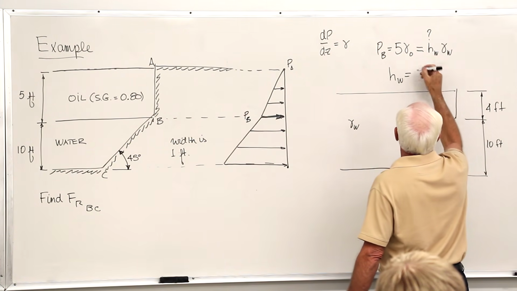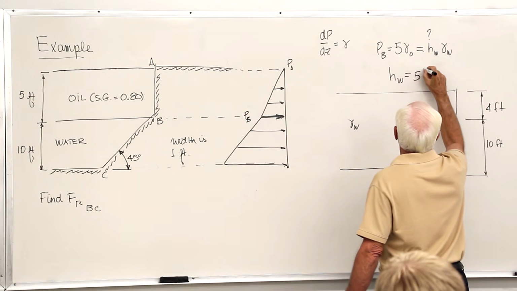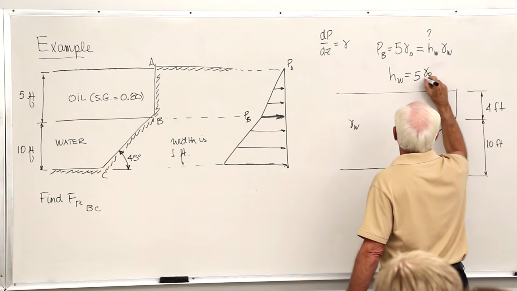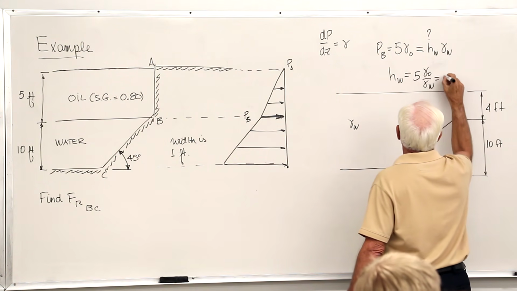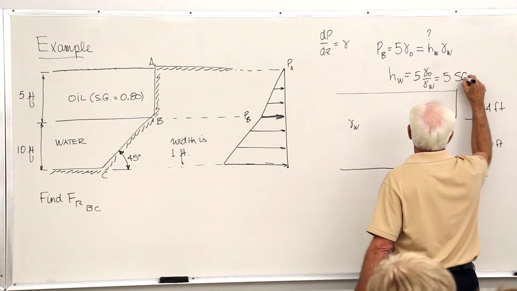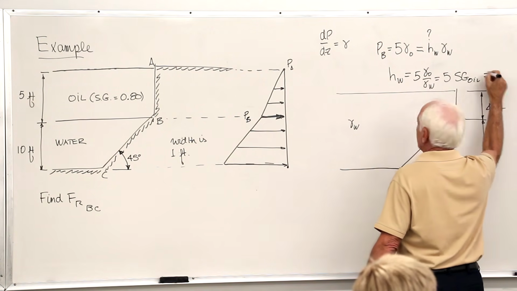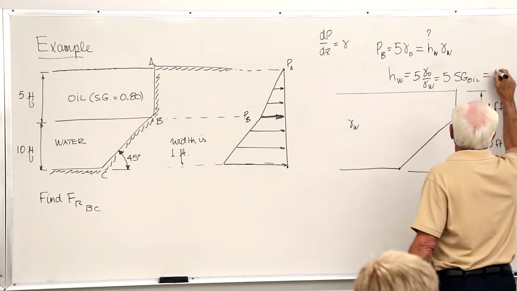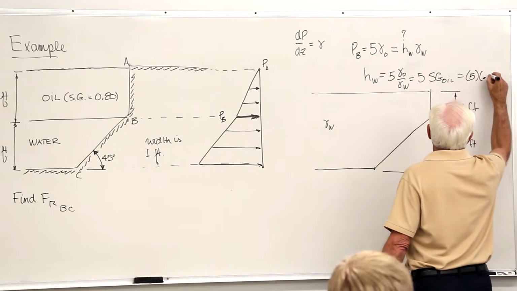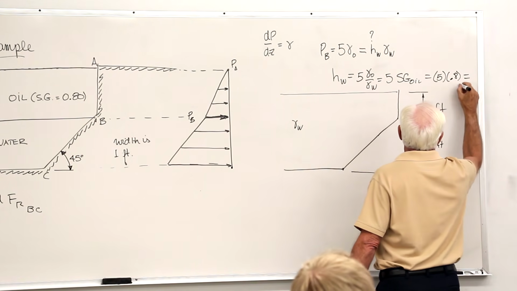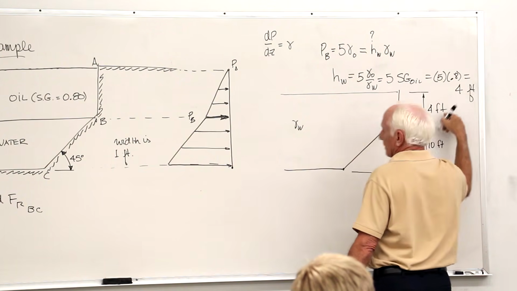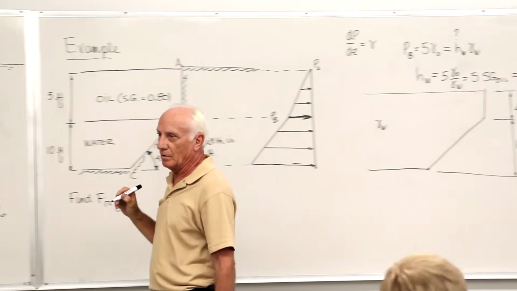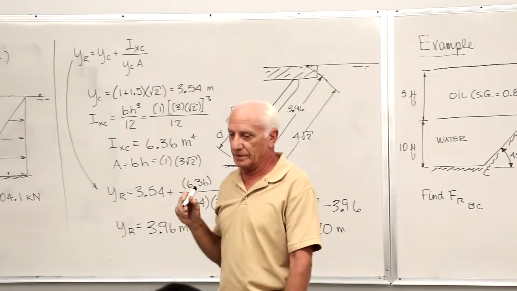H of water is 5 times gamma of oil over gamma of water, equal to 5 times the specific gravity of oil, 0.8. 5 times 0.8, how many feet? 4 feet. That's how you know how much water to replace the oil with.